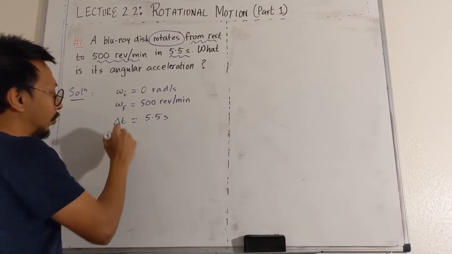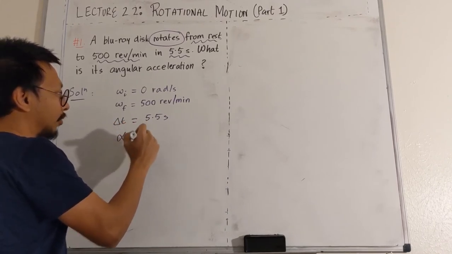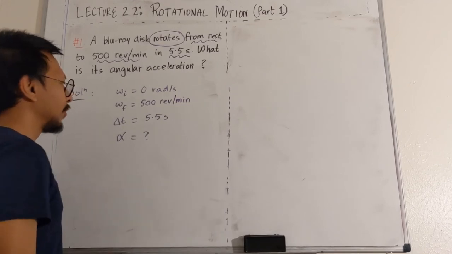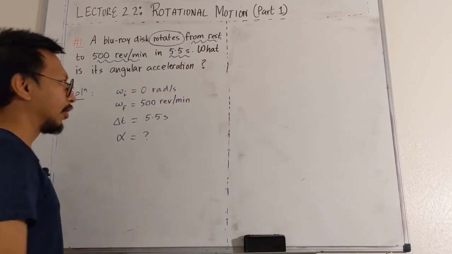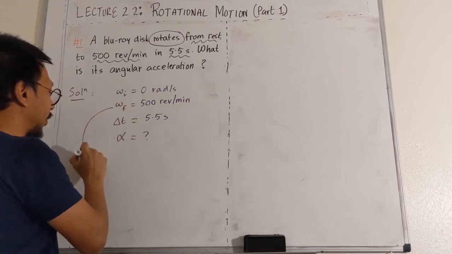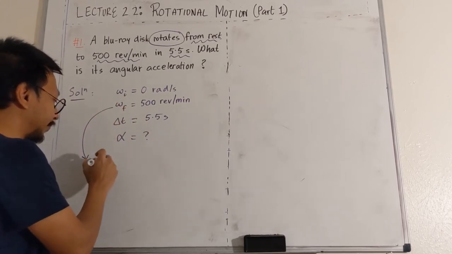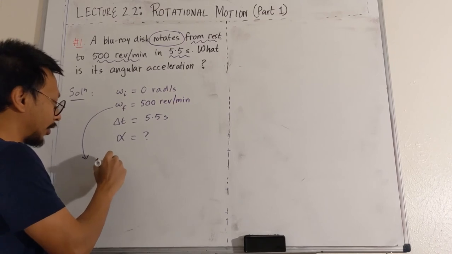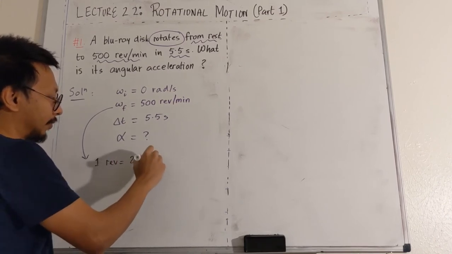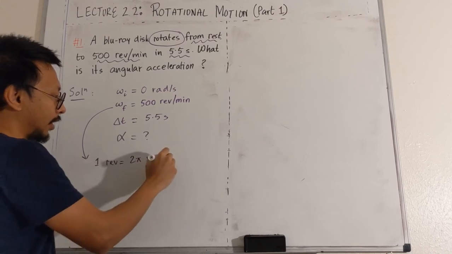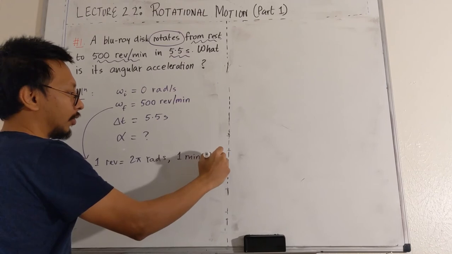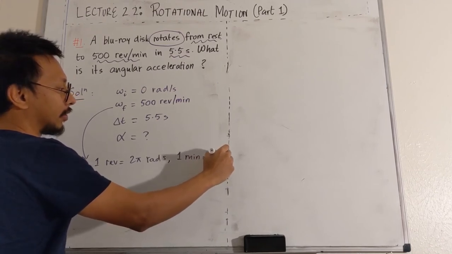What do we want to know? We want to know what this acceleration was, and we assume that this acceleration is constant, because otherwise our angular kinematic equations don't work. Now let's get back to first converting this to SI. We know that one revolution is equal to 2 pi radians, and 1 minute is equal to 60 seconds.